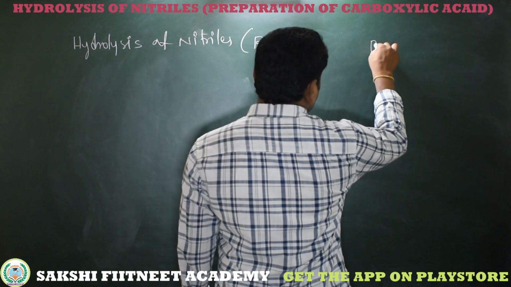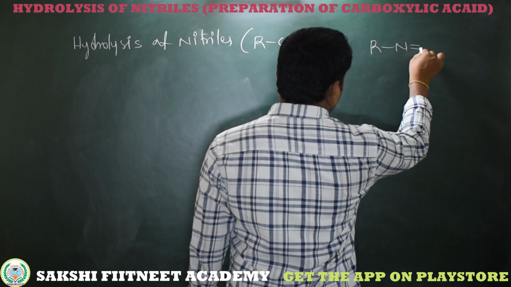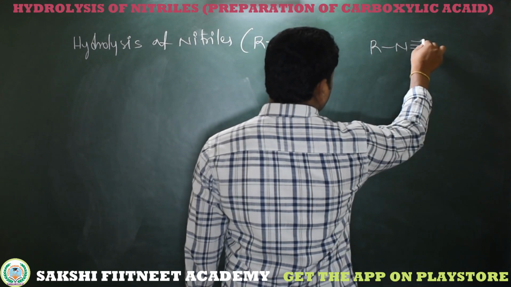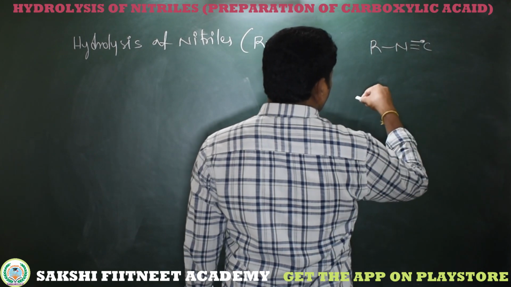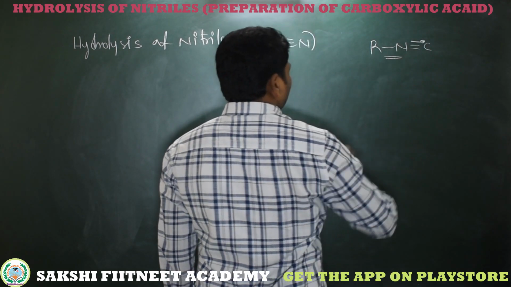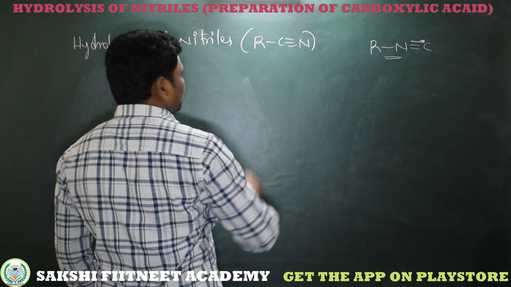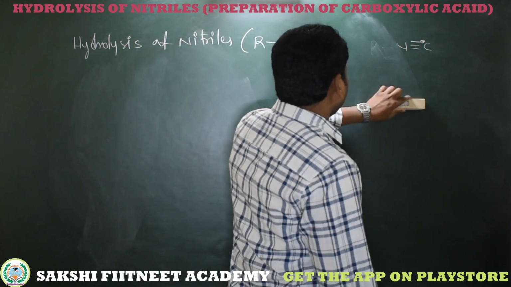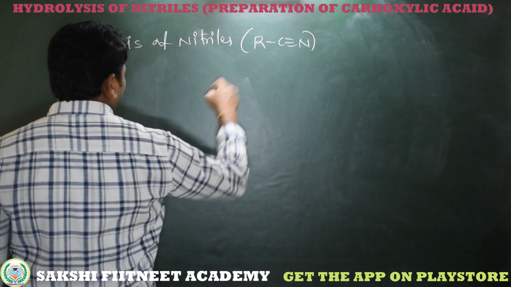When nitrogen is bonded to the carbon through a sigma bond, a pi bond, and a coordination bond, this is called an isonitrile or isocyanide. The other is also known as nitrile or cyanide. Here we are discussing the hydrolysis of this nitrile.